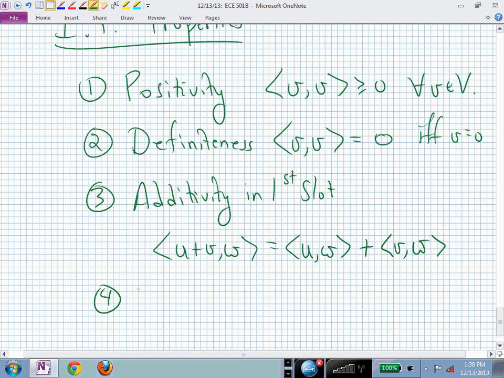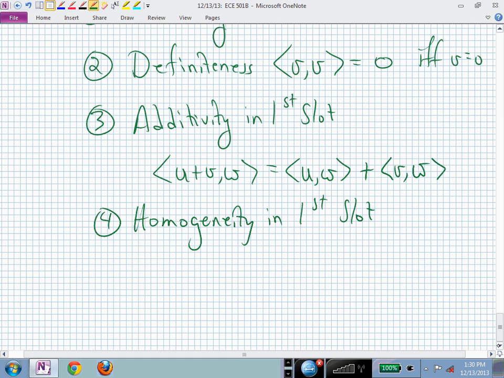We also have the property of homogeneity in the first slot, which says that if we have some alpha scaling V, then in the first slot, that can just slide right out of the inner product. And we have that scalar then scaling the inner product of V with W.